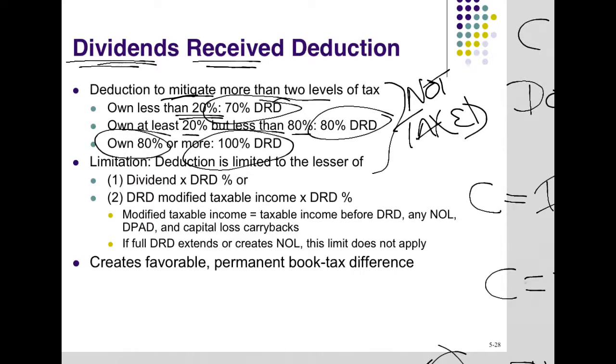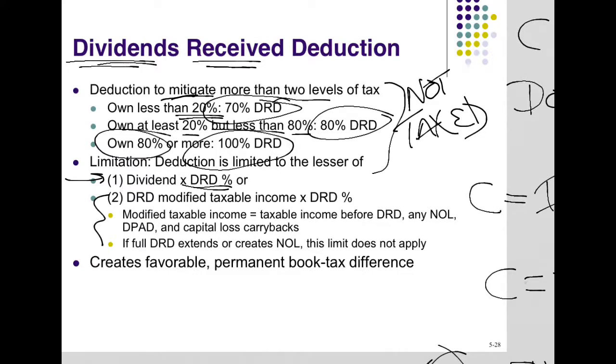Okay, this is the limitation, the percentage that we just learned about. And then there's a possible modified dividend taxable income limitation. So pay attention to that in case a question comes up on it.